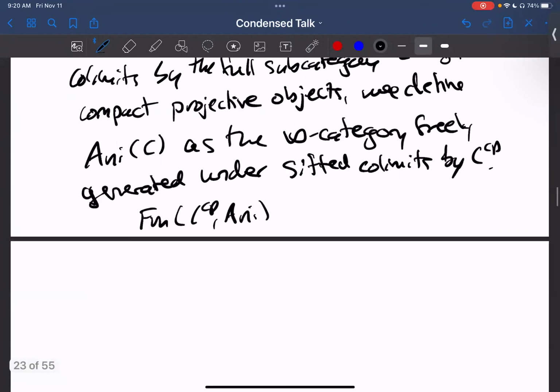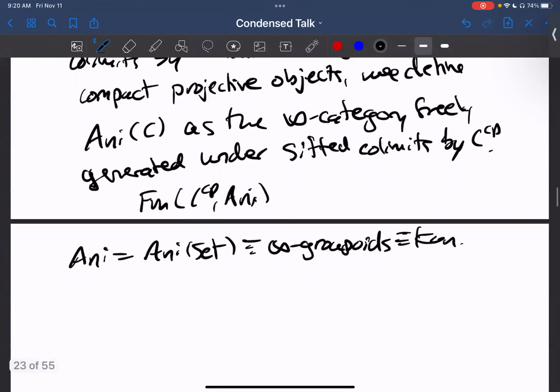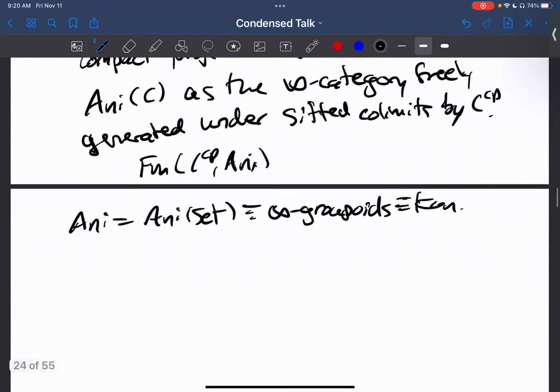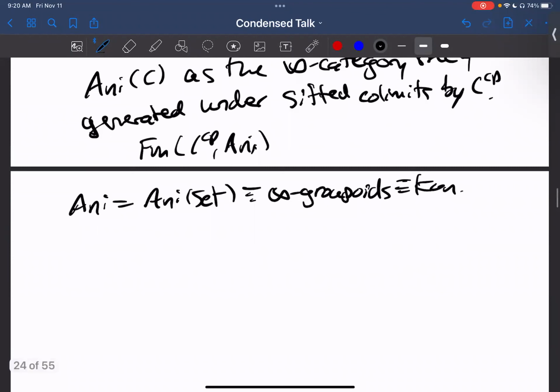So what do we mean by anima? By anima, I mean animated sets, which is equivalently infinity groupoids or Kan complexes, whichever way you would prefer. Clausen and Scholze call them anima. I'm going to stick with that here because it's a nice term. Okay. So what are some examples of animation?